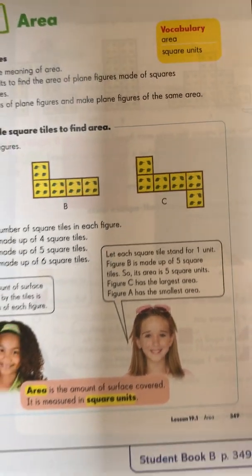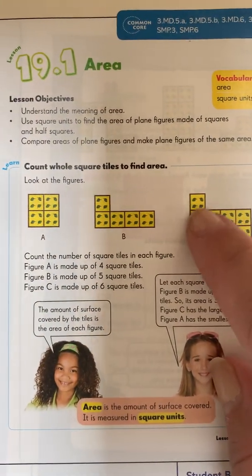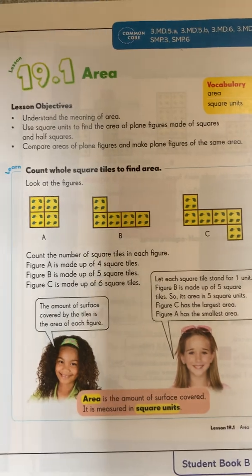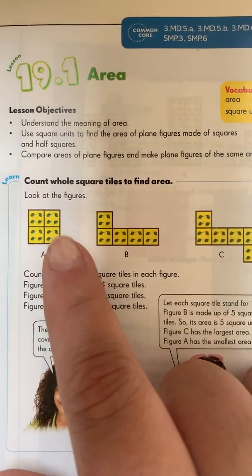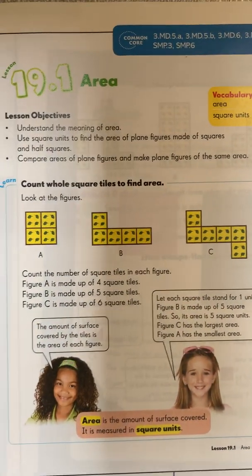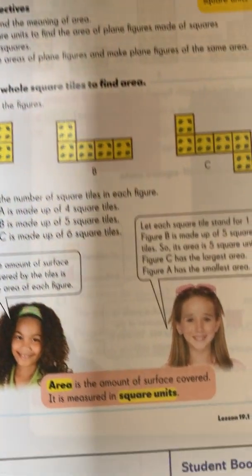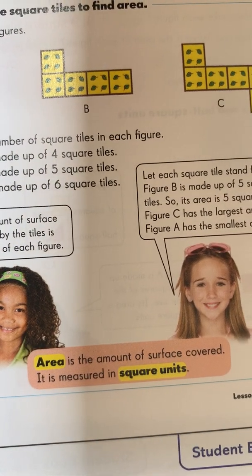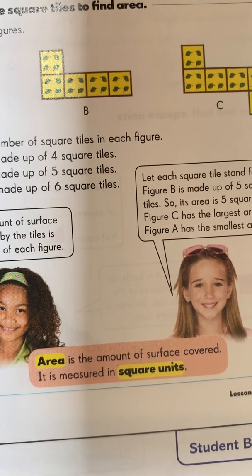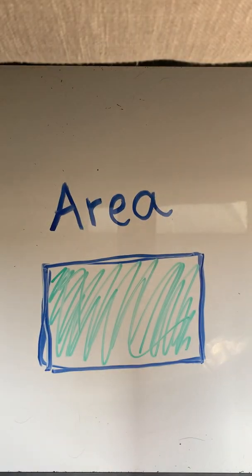Figure C has the largest area because that had the largest amount, that had 6. And figure A has the smallest area because it had the smallest amount of tiles, that had 4. Down here it says area is the amount of surface covered. It is measured in square units, okay?